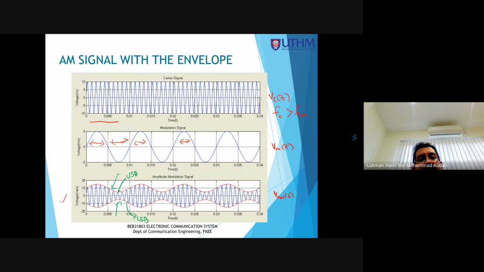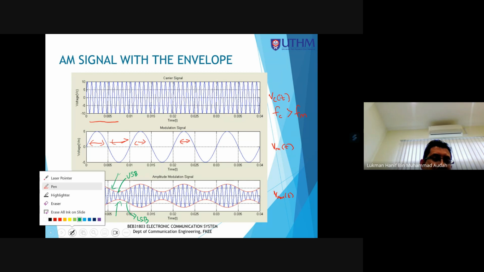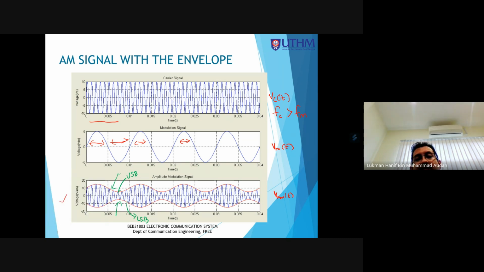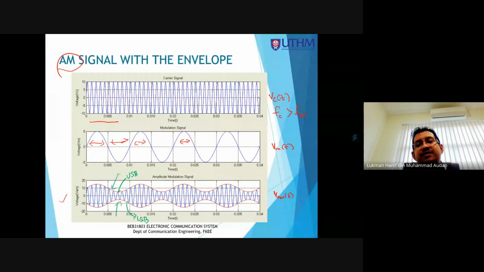What are the other things that you can find from here? We can also see the difference in terms of amplitude. Since we are learning about AM, you see the difference in the carrier.